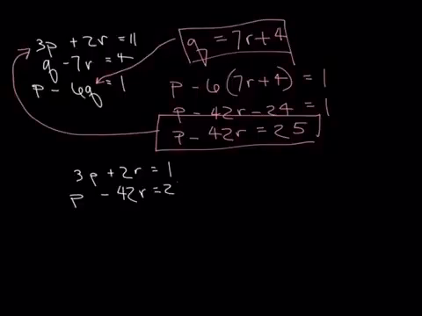So I have two equations with two variables, exactly what I want, and I know how to do this. So I'm going to multiply this thing, whoops, this is an 11, sorry, by negative 3 so that I can cancel these. So that gives me, I'm going to write the first one over again.